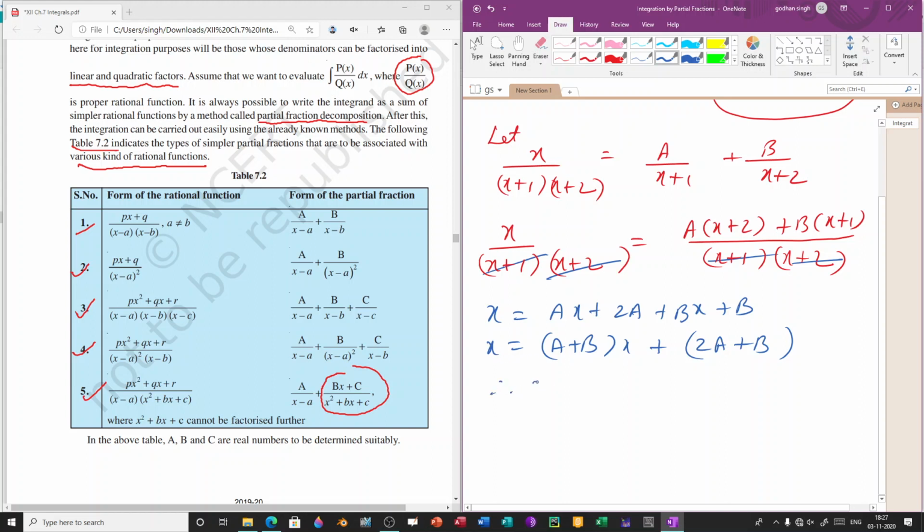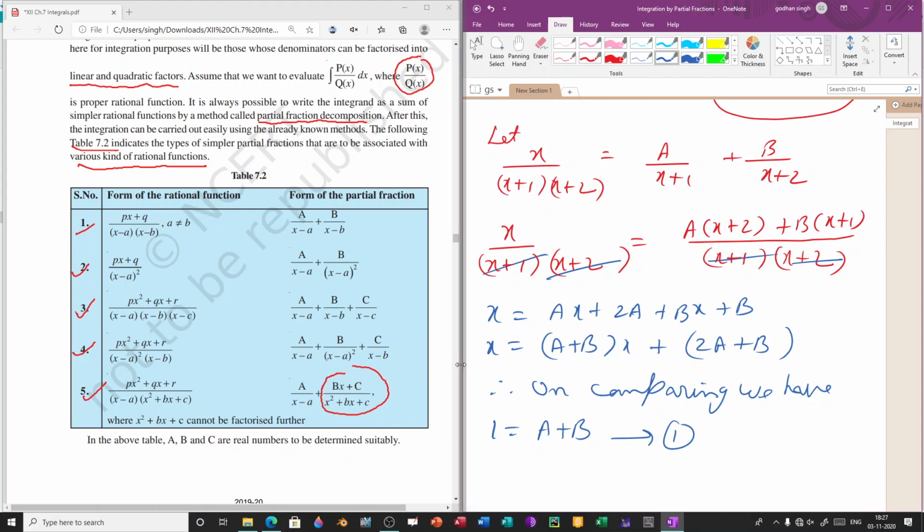Therefore on comparing, we have 1 equal to A plus B, let this be equation number 1, and we compare 2A plus B with the constant on the left hand side, but there is no constant, that means the constant is 0. So we get 0 equal to 2A plus B, let this be equation number 2.